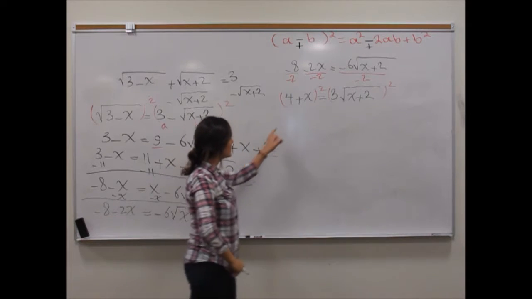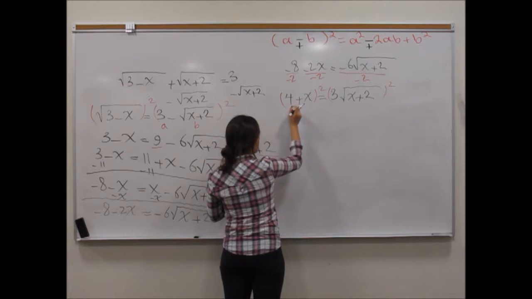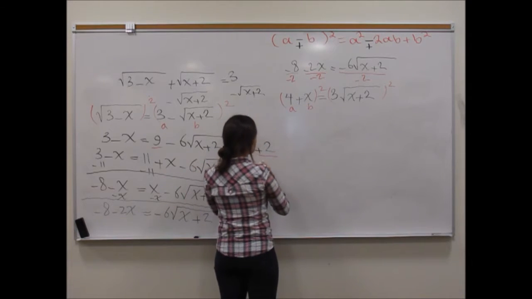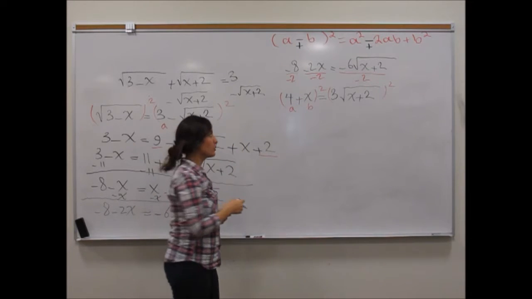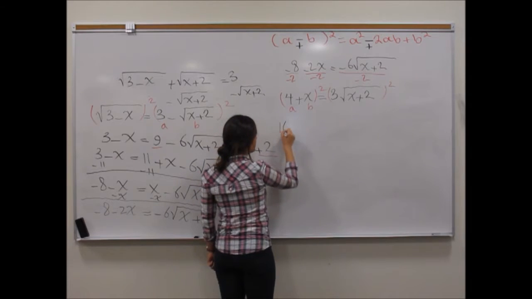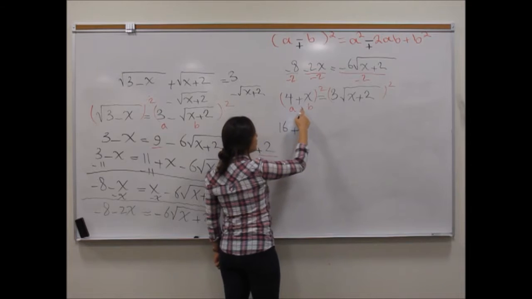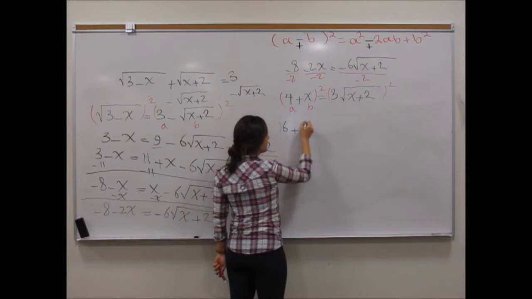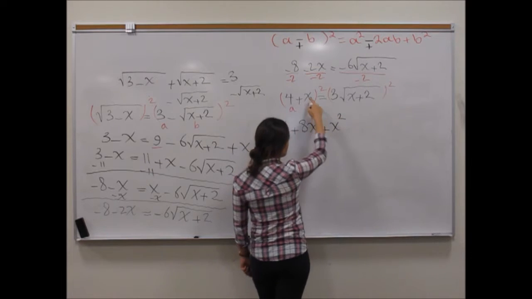As you can see, this one is a binomial, and this is a, and this is b, and the sign here is positive, so this is a plus b. So a squared would be 4 squared, 16, plus 2 times a times b, so 2 times 4 is 8, so 8x, plus x squared, b squared.